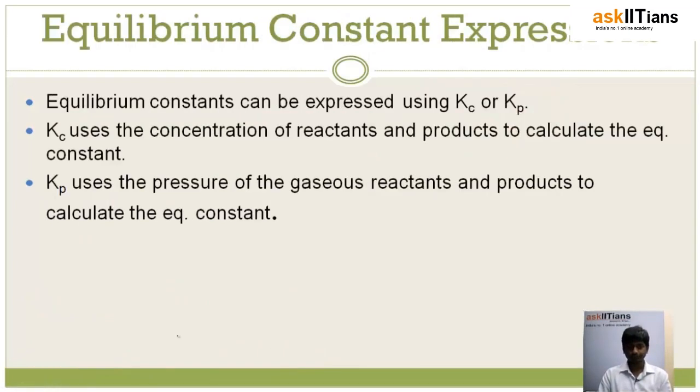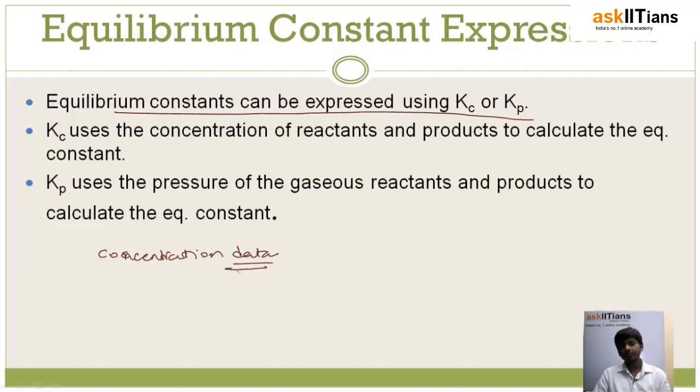Okay, after that we can also conclude that the equilibrium constant can be expressed in terms of concentration as well as pressure. Fine, how? Suppose you have a gaseous phase reaction. Now you are not having concentration data.